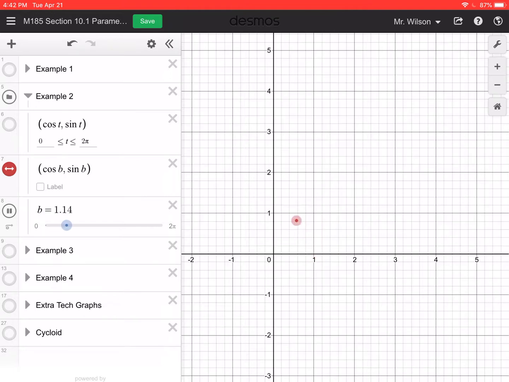This is what it does. So it looks like it is in fact tracing out that unit circle. So let me pull up the unit circle here, and there it goes.